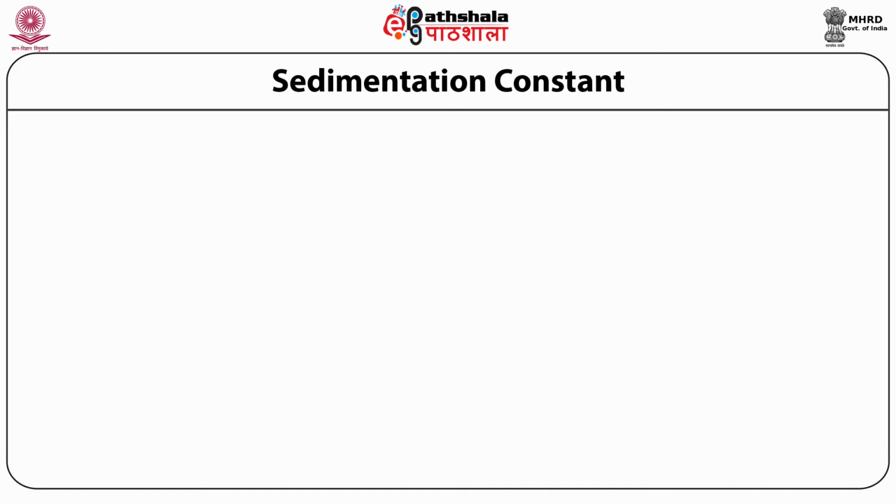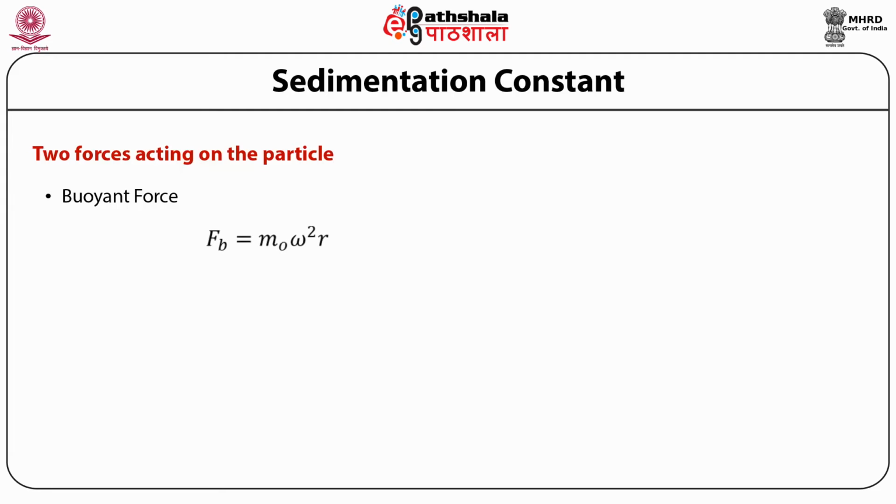As you are aware, there are two types of forces acting on the particle during centrifugation. One is the buoyant force, which is given as m omega squared r, where m is the weight of the fluid displaced by the particle.